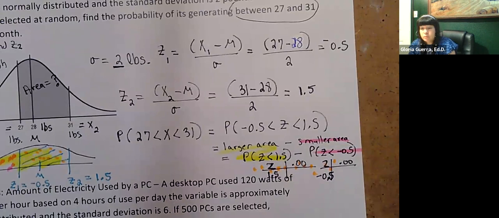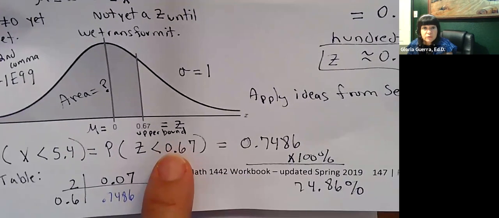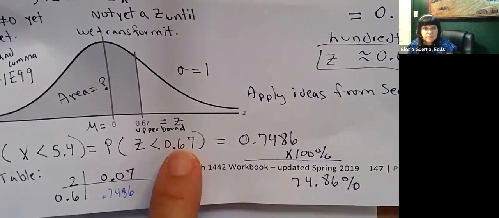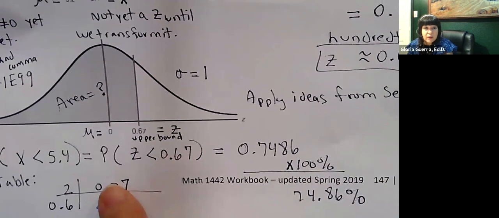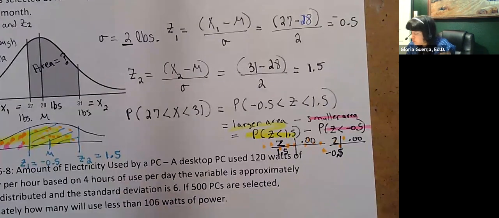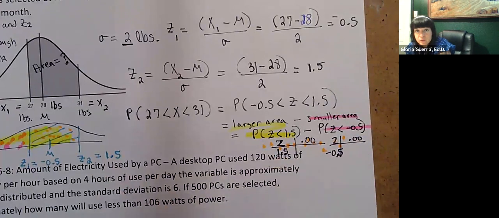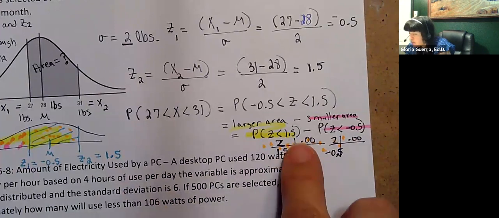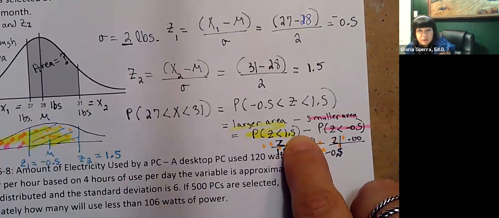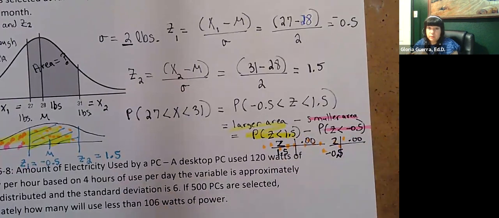Do you remember that we use the first two digits, like here, 0.6, and then we have a 0, and then we add the last digit 7? That's what's happening here. The first two digits are 1.5 and negative 0.5, and then you have a 0 for that last digit. So it ends up being 0, 0 here.